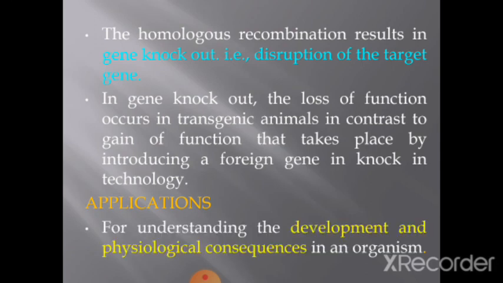For understanding the development and physiological consequences in an organism, these knockout transgenic mice find a big application. The moment you remove the gene from the genome, that particular function will be missing. That's how you can understand which gene is responsible for which particular physiological function or development.